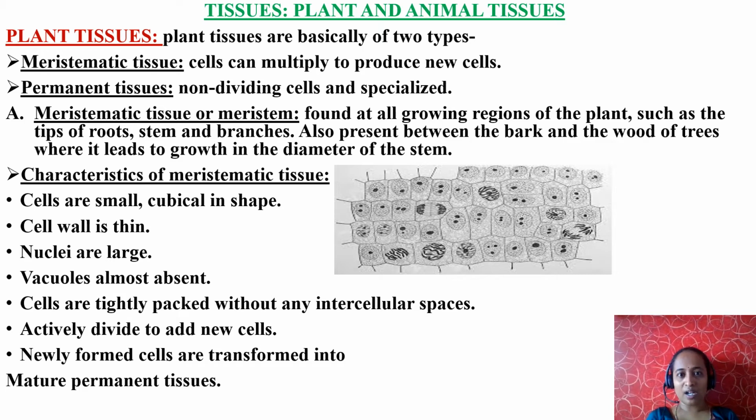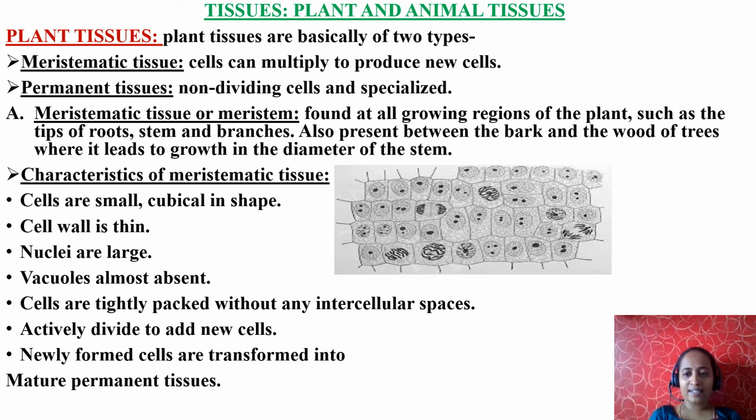Between bark and wood you can see this meristematic tissue, which leads to growth in the diameter of a stem. So wherever you can see meristematic tissue, there will definitely be growth, either in height or diameter. It may increase the length or size.